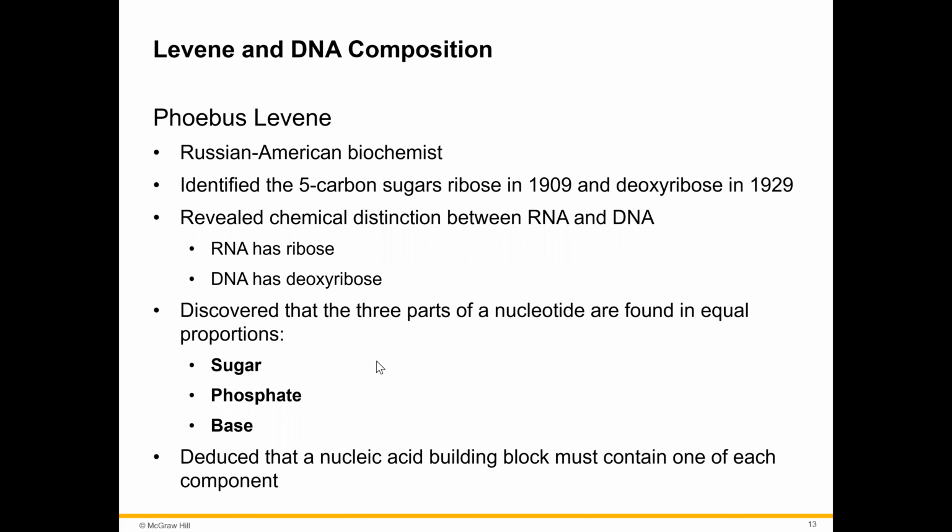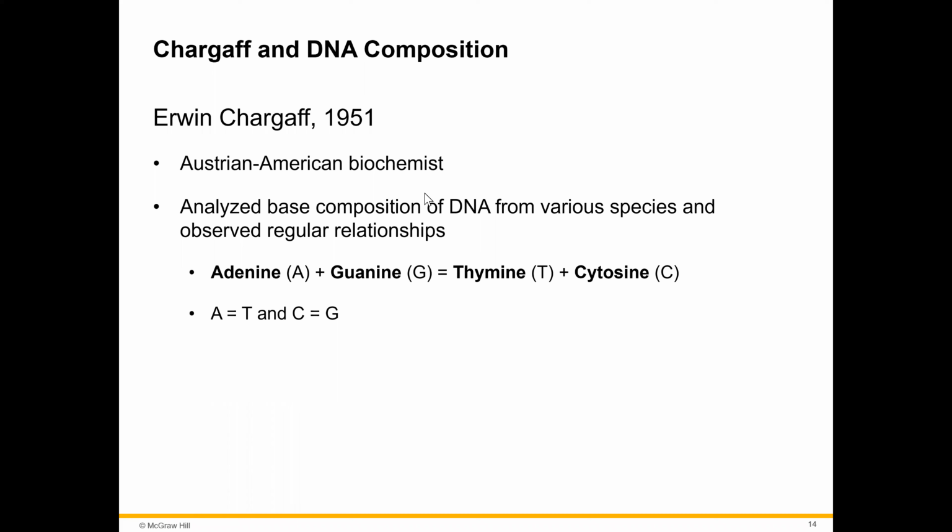If you take DNA from different species, from plants, from animals, from fungi, from different animals, from different plants, and you analyze it, you will see that the amount of adenine always equals the amount of thymine, and the amount of cytosine always equals the amount of guanine, right?